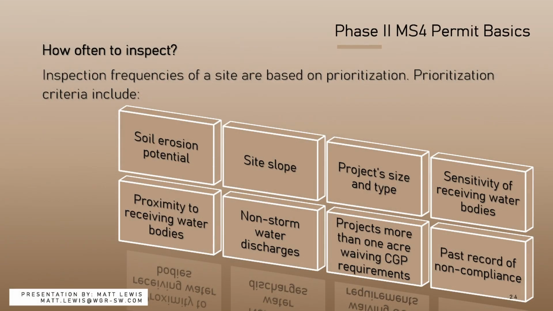It's pretty straightforward. But usually what you take into consideration is the sloping of the site, the size and type of project, the sensitivity of the surrounding bodies of water, the proximity of the site to receiving water bodies, the number of non-stormwater discharge potentials, and if the project has a past record of non-compliance on a construction site.